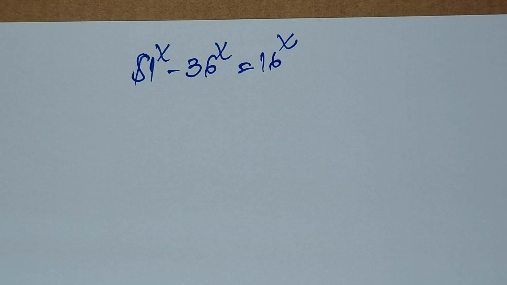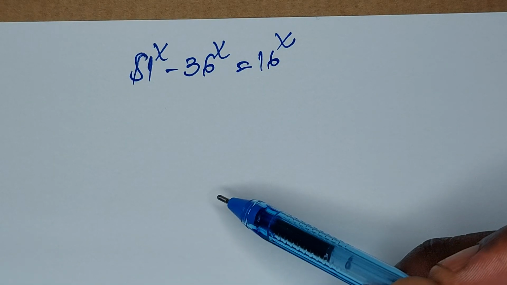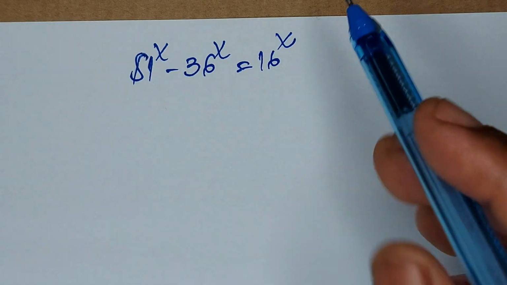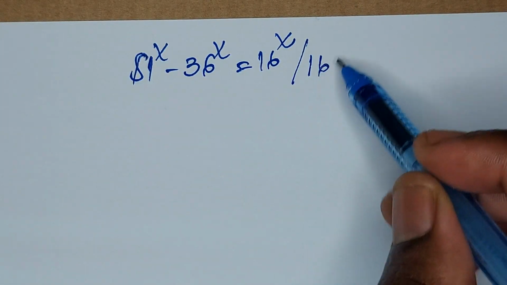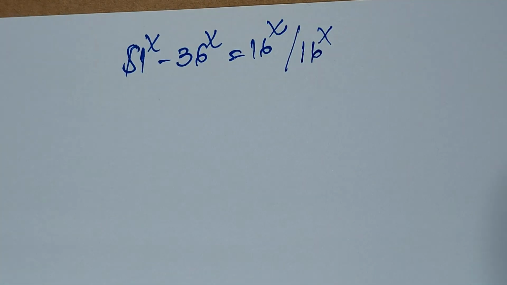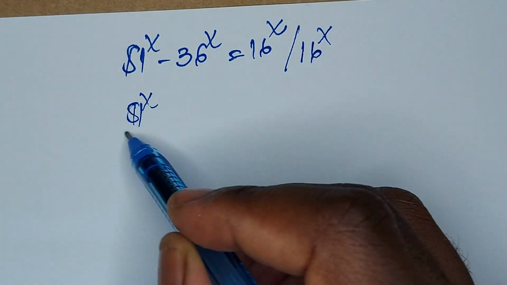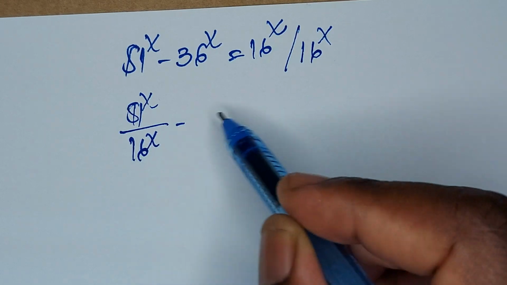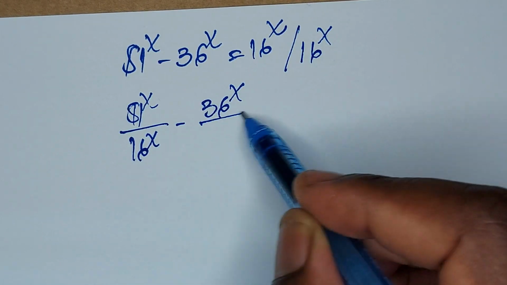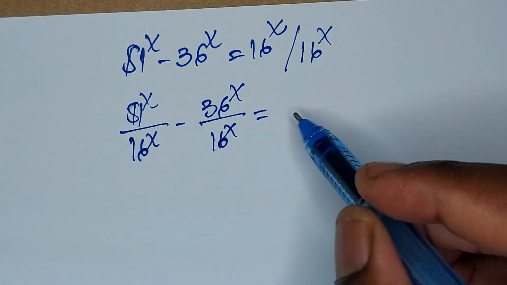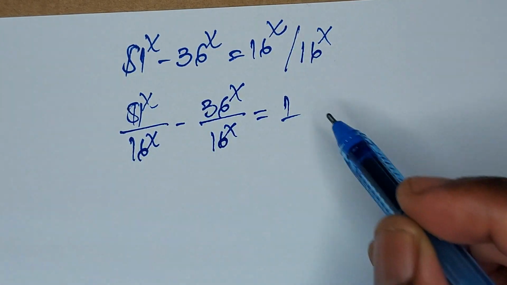So, to start solving this, guys, I'm going to divide both sides of this equation by 16 to the power of x. This is then going to be 81 to the power of x over 16 to the power of x, minus 36 to the x over 16 to the x, and then this is going to be 1.